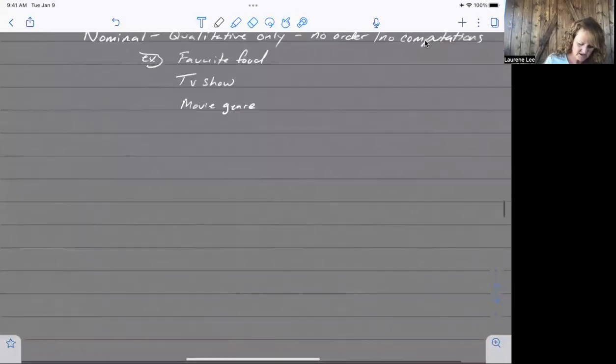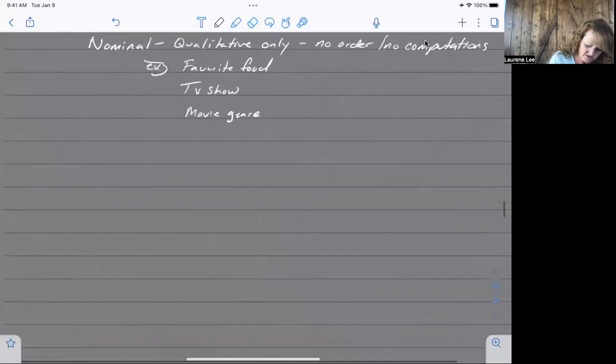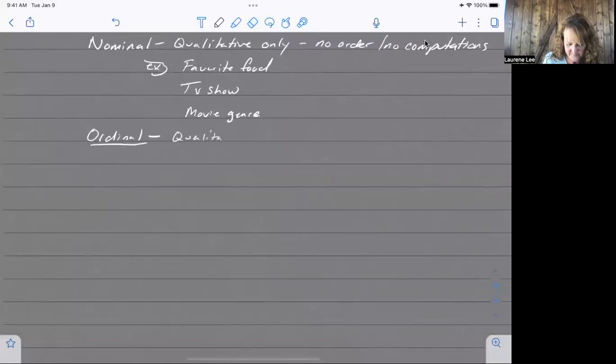All right. Next data level is called ordinal. Ordinal can be qualitative or quantitative. So this one, you've got to pay attention to more than just whether it is a number or not, to be able to classify it in that ordinal category.